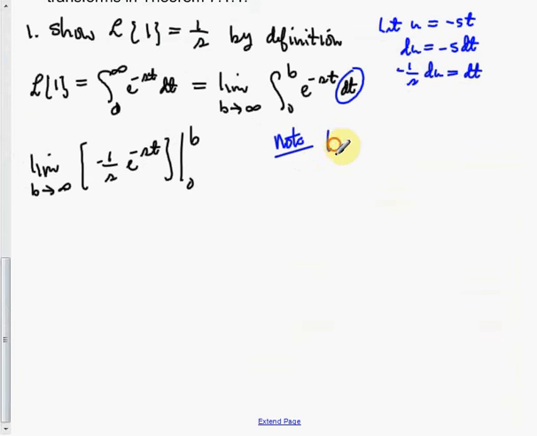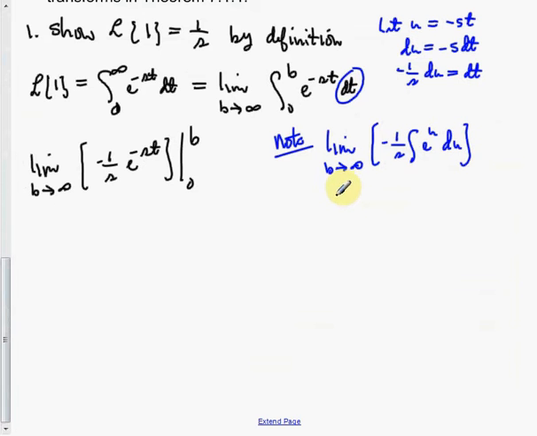So we have the limit as b goes to infinity of negative 1 over s times the integral of e to the u du.